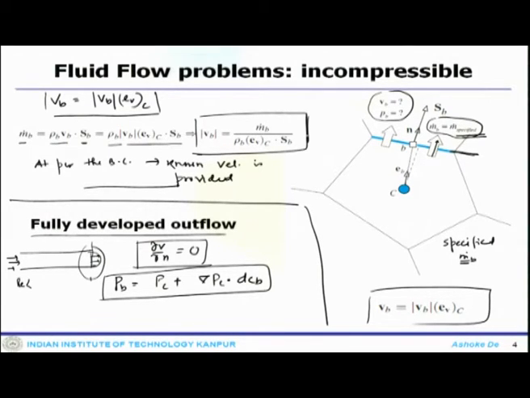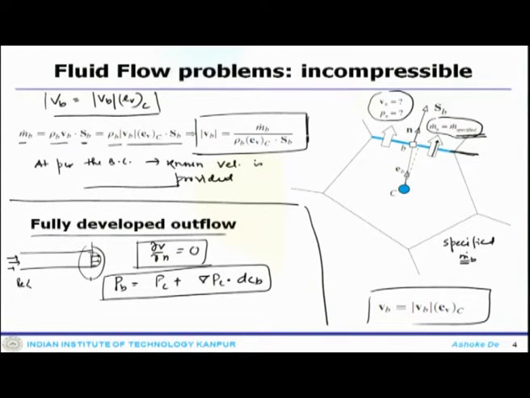So, one can think of these conditions, like specified mass flow rate or fully developed conditions, as derived boundary conditions from the standard Dirichlet or Neumann boundary conditions, or a combination of all those fundamental boundary conditions.